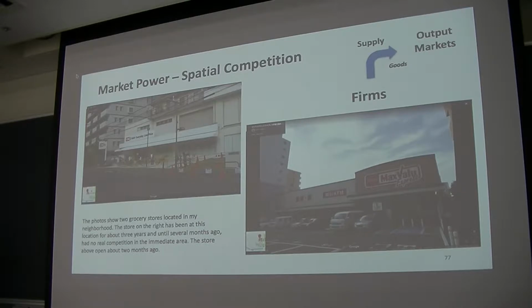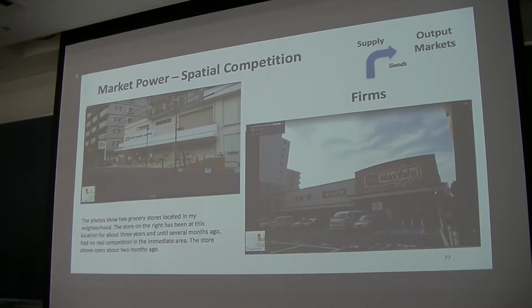Now I'm going to talk about a real-world example of spatial competition, how competition exists in space and how it takes place. I'm going to talk about some grocery stores in my neighborhood.